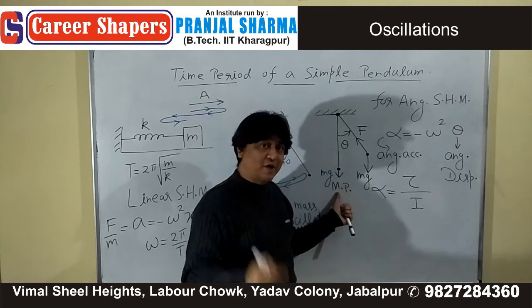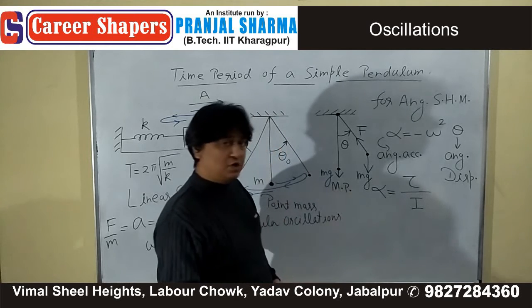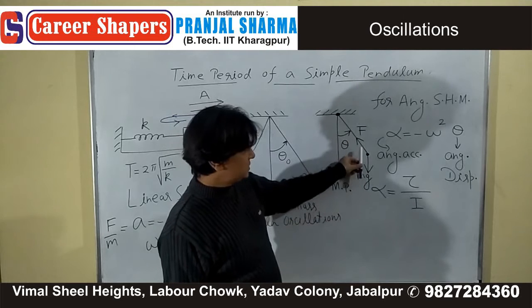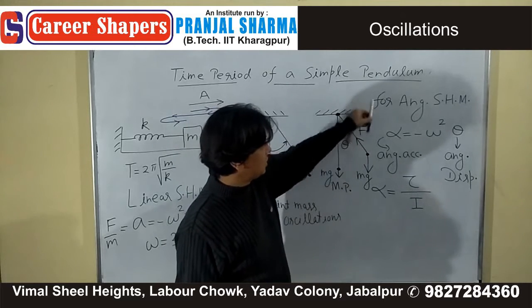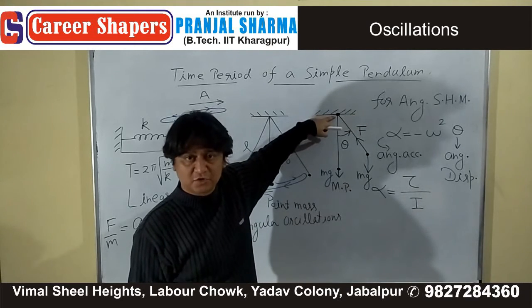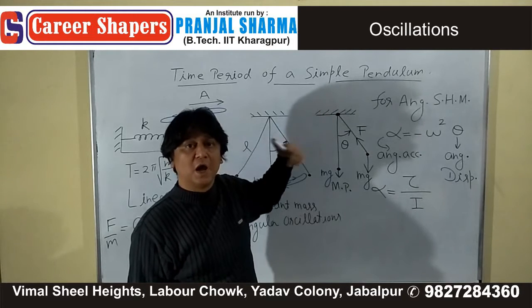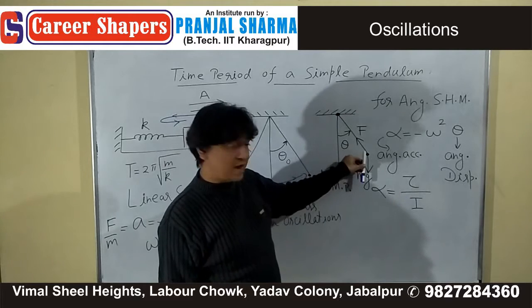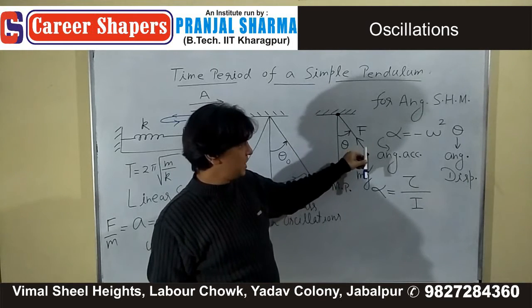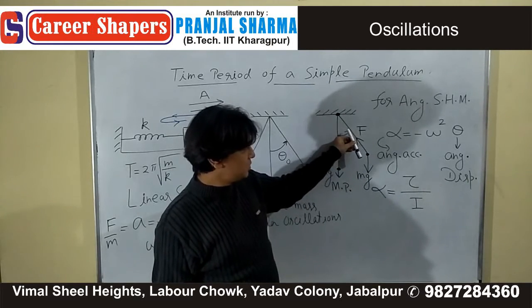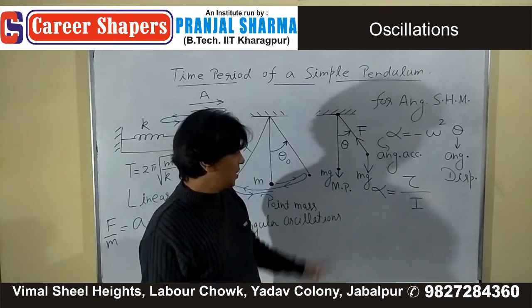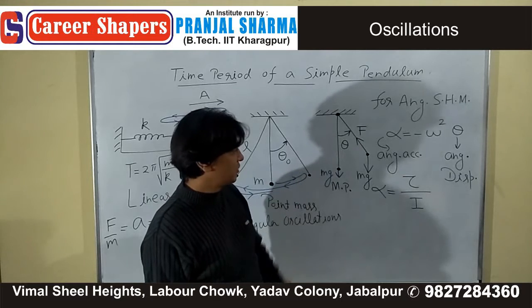That's how we define the mean position. But once you displace it by this angle theta, this mg no longer passes through the axis of rotation. It now develops its torque, and that torque tries to bring your simple pendulum towards the mean position. I hope you understand how these forces are working in this figure.